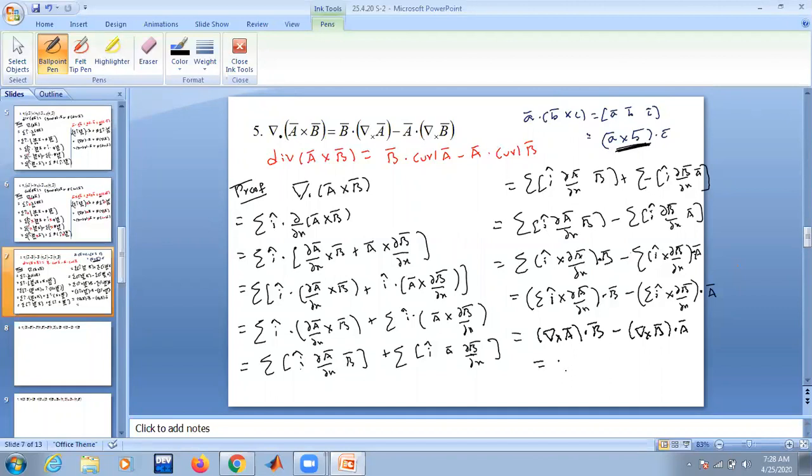Therefore, I can write it as b dot curl a minus a dot curl b. That is what we want to show. b dot curl a minus a dot curl b. Is this clear to all of you?